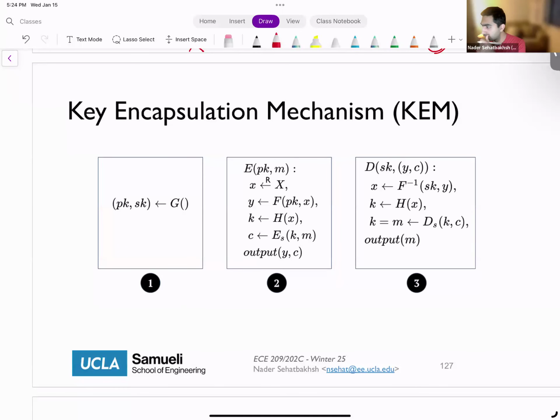Let's continue. Okay, there's something on the chat. It might be conflating different topics, but okay. As I said, this becomes implementation dependent.